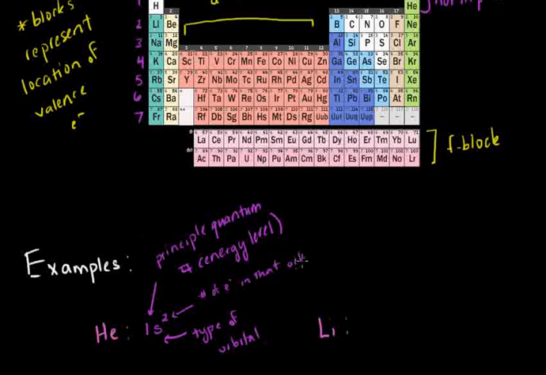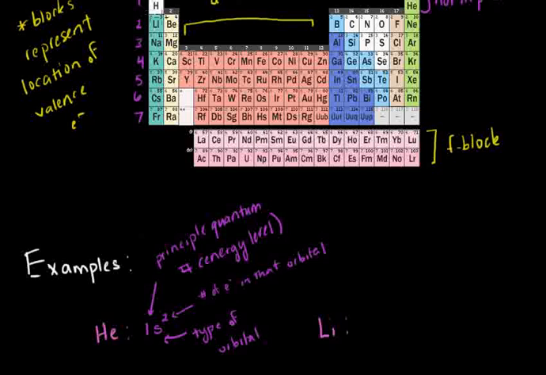So in the case of helium, we've got 2 electrons to balance the 2 protons, and both of those electrons hang out in the 1s orbital. In fact, s orbitals can hold a maximum of 2 electrons, so you'll never see more than 2 electrons in an s orbital.